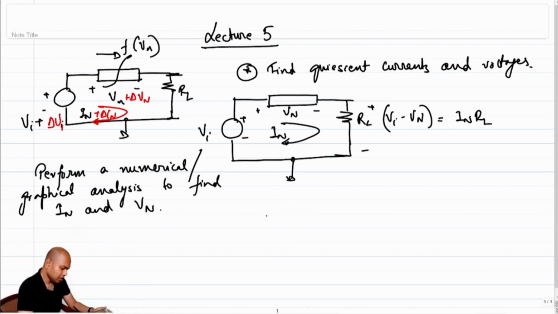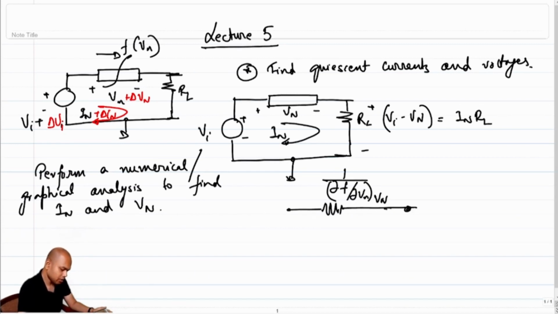We replace the nonlinear element with a resistor. What is the value of the resistor? The value of the resistor is 1 over del F del V around the operating point Vn.